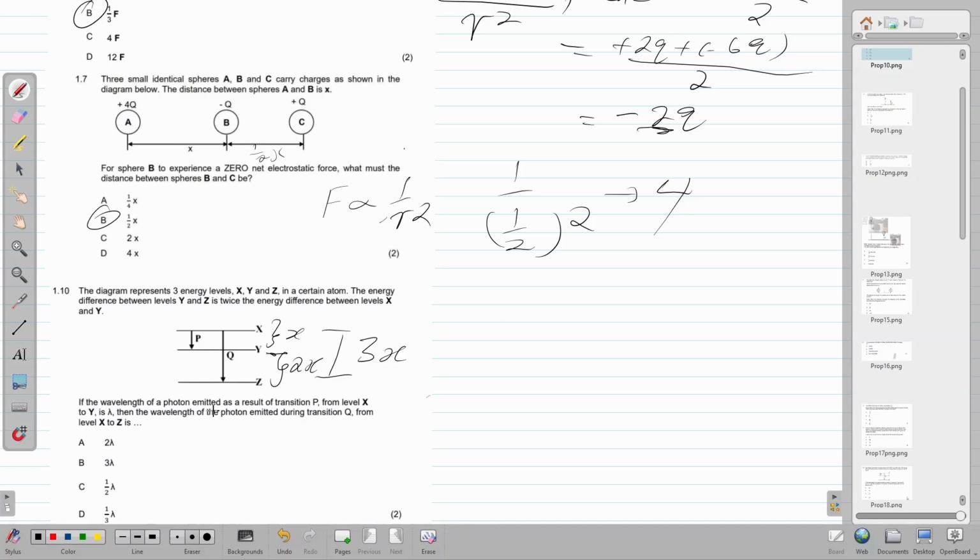If the wavelength of a photon emitted as a result of transition P from level X to Y is lambda, then what is the wavelength of the photon emitted during transition Q from level X to Z? Here we will use the formula E equals hc over lambda.